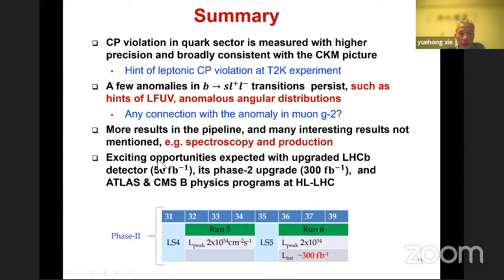In the future, exciting opportunities are expected with the upgraded LHCb detector, which will accumulate about 50 inverse femtobarn of data, and also the LHCb Phase 2 upgrade, which will accumulate even more, about 300 inverse femtobarn, and also the ATLAS and CMS B physics programs at the High-Luminosity LHC. This brings us to the end of my presentation.